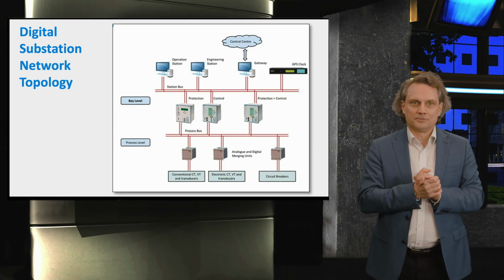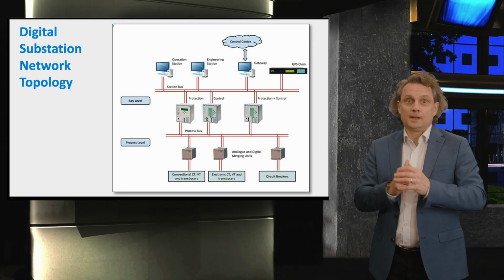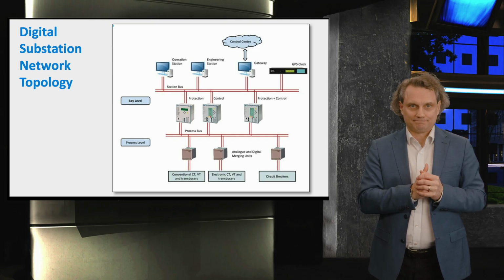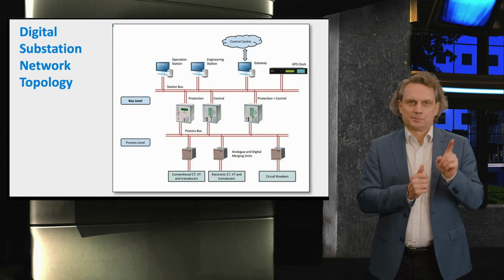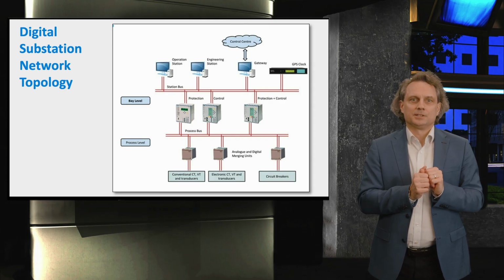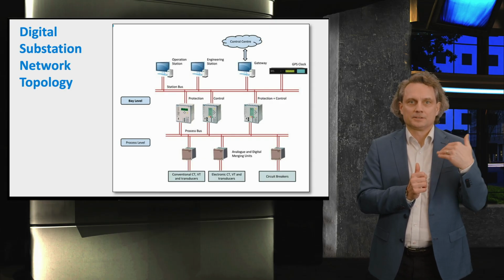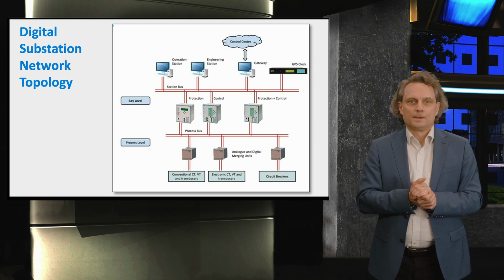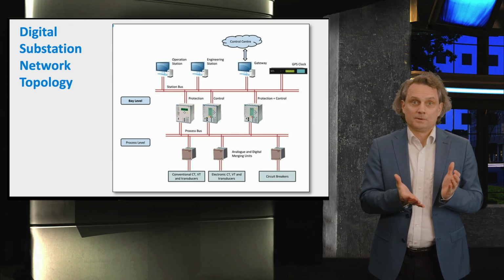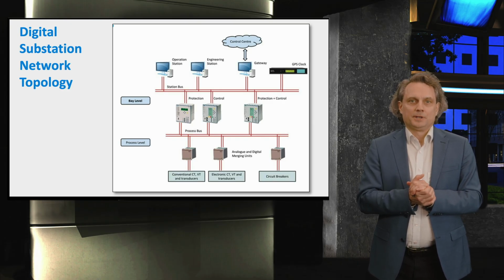This means we can have different bays in our substation for different lines. The big advantage here is that certain devices subscribe to certain data and receive exactly that, rather than flooding the system with information. Such a bay-level network reduces and simplifies wiring without jeopardizing the overview of what is happening in our system.